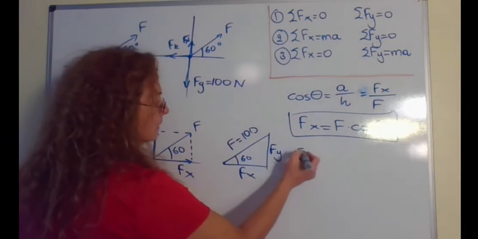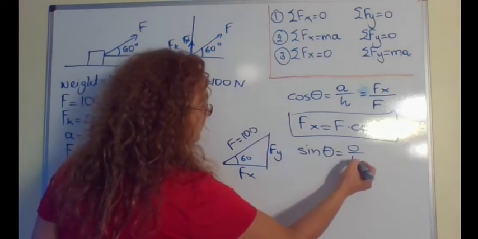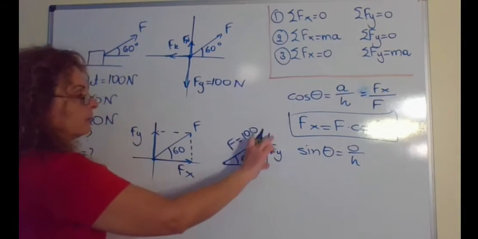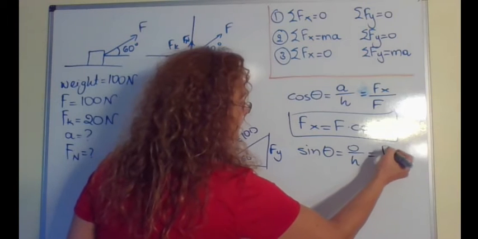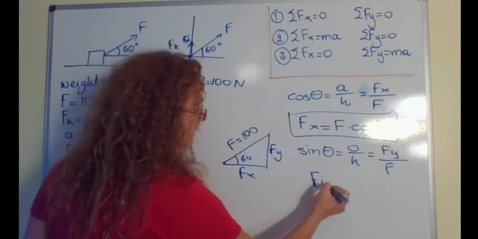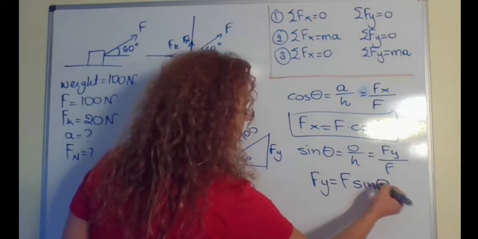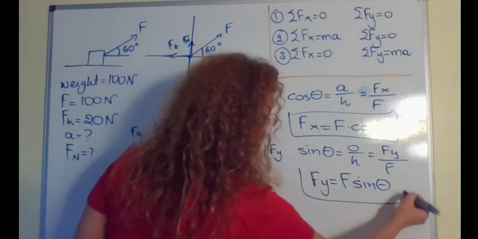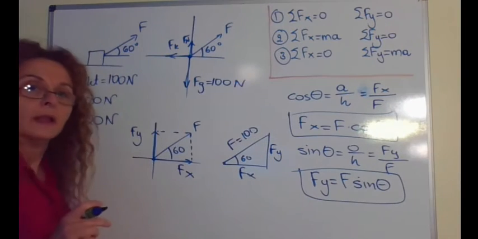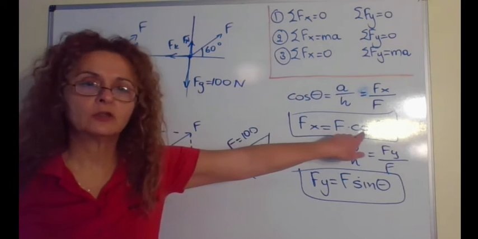In the same way, the sine of the angle is opposite over hypotenuse, so the opposite is Fy, and I'm finding that Fy will be F sine theta. The next question is, does the horizontal component always get the cosine?